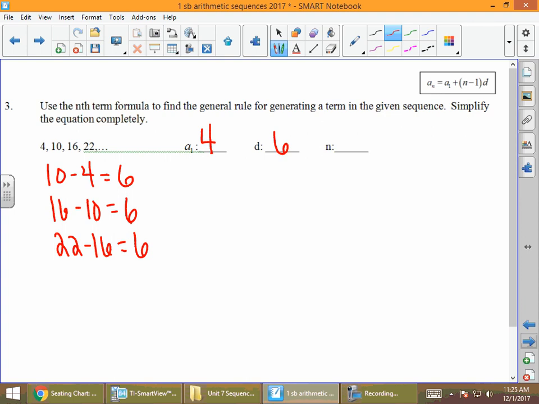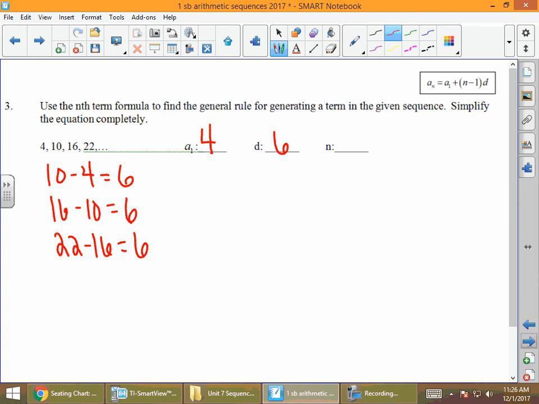For n, that's one of my little things that we just don't need, particularly on this problem. All that we want to do in this one is we want to use our formula to come up with a formula to help us find any term in this sequence. And that's why I say general rule.